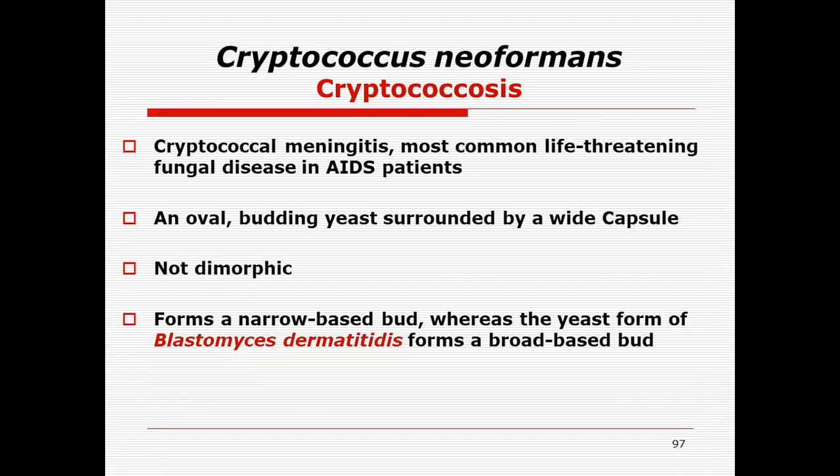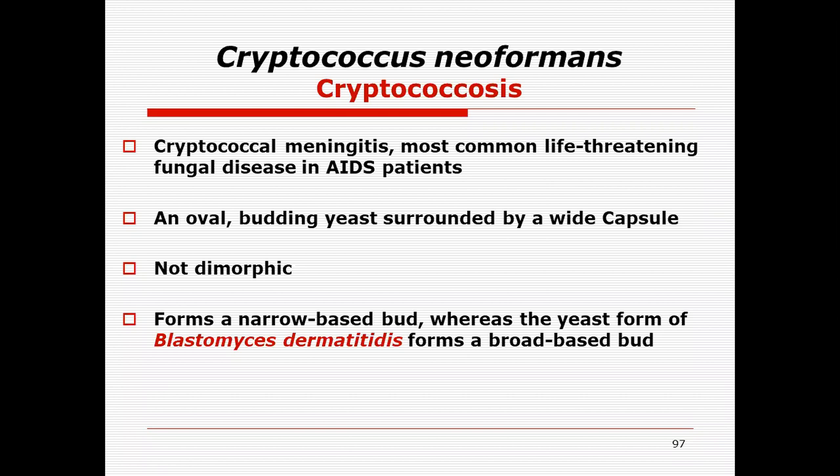It causes the disease we call cryptococcosis, and especially cryptococcal meningitis, which is the most common life-threatening fungal infection in AIDS patients. Individuals suffering from AIDS are more prone to cryptococcal meningitis, and this infection results in a life-threatening situation for these individuals.